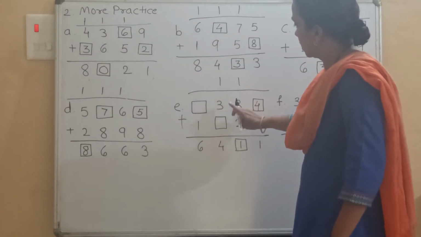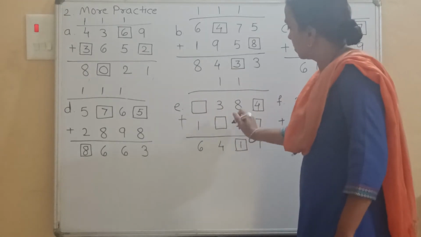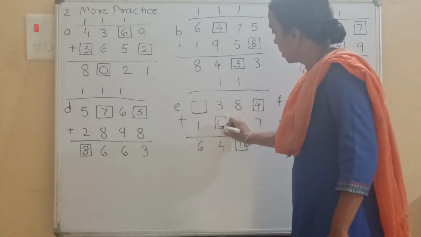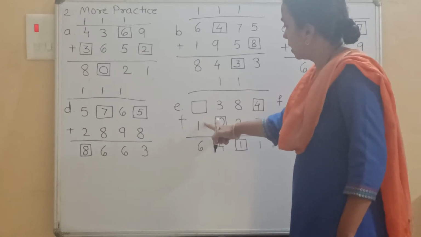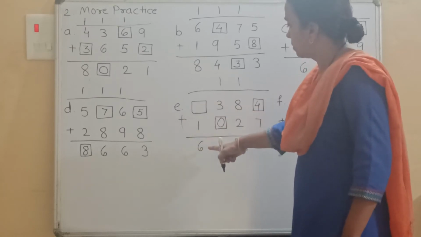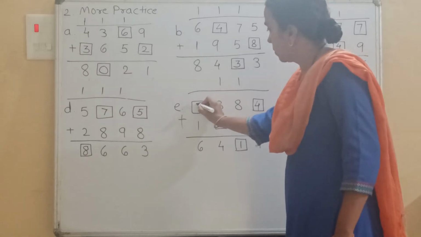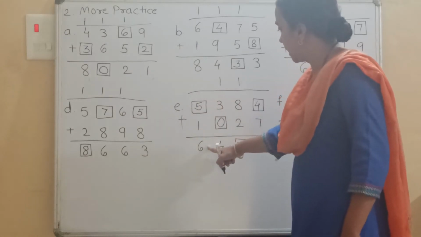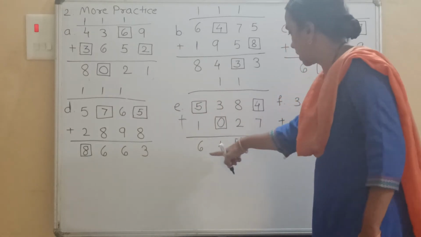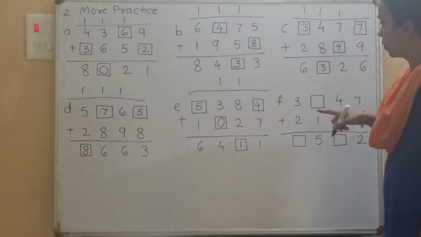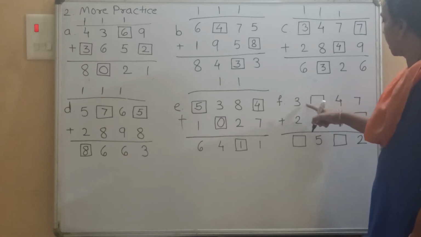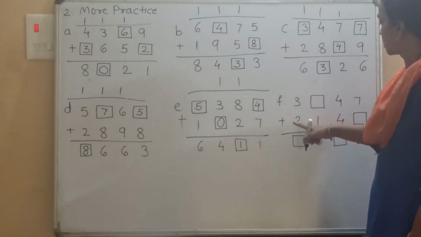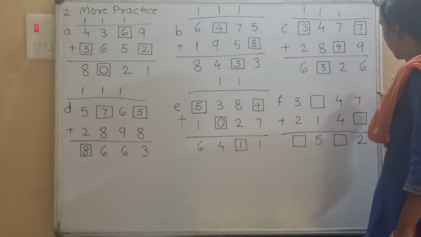So 3 plus 1, 4. 4 plus which number gives 0? 4 plus 0, 4. And in this one, which number do we have to add? We have to add 5, so we will get the answer 6. So what is our answer? 6411.